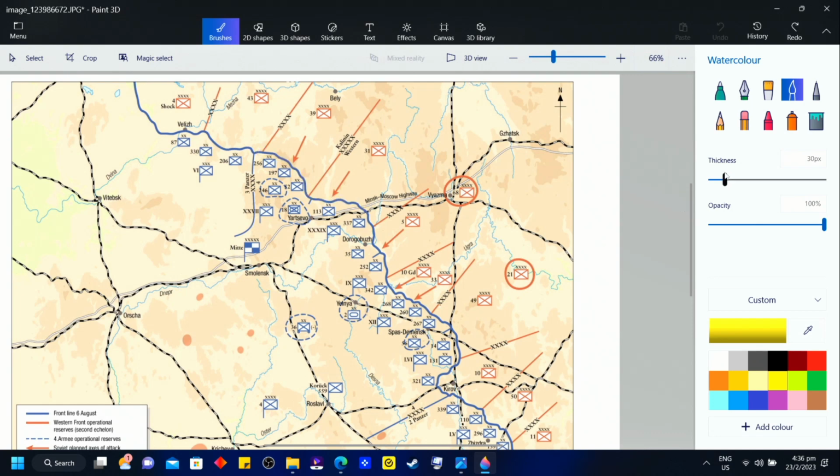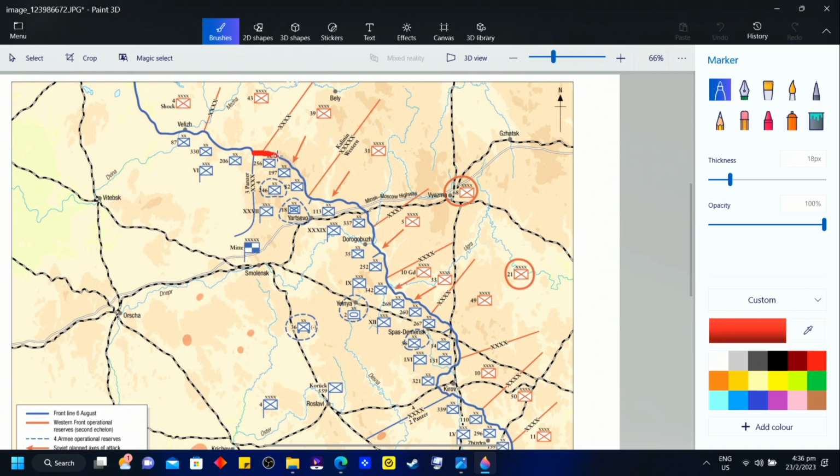The color is a bit off. Okay, let me use some marker. I think that's better. Let me try something bigger, then maybe red color. Okay, that's easier to see.